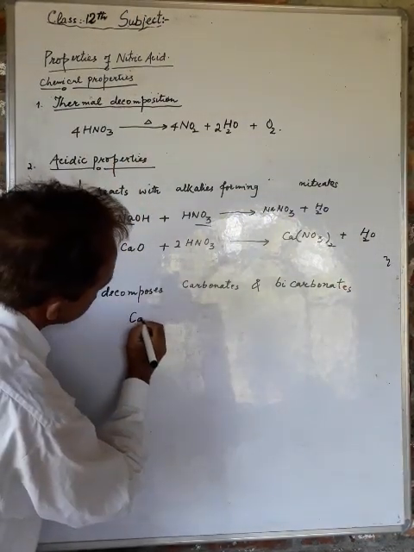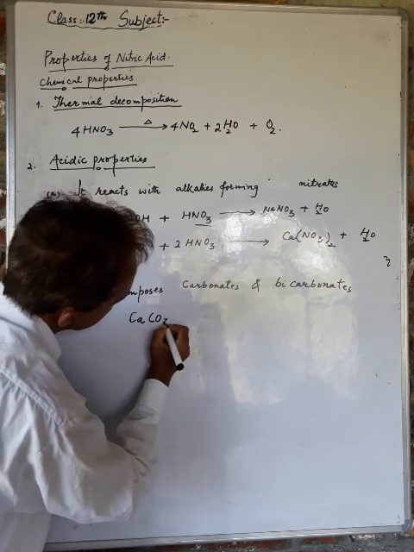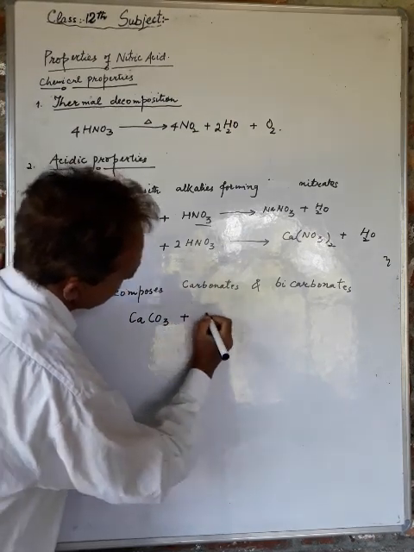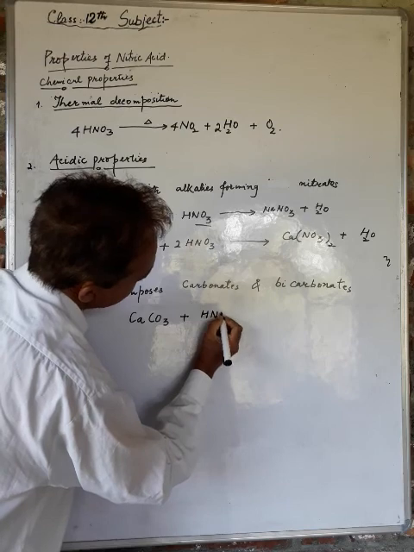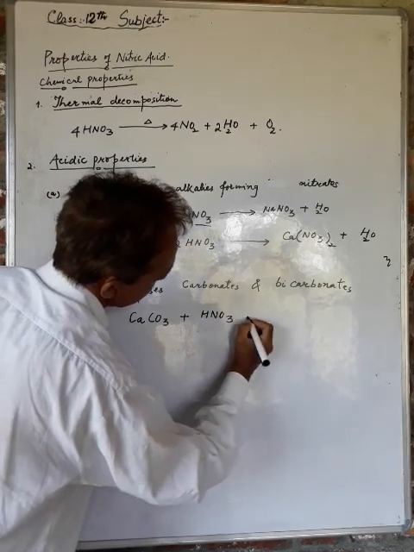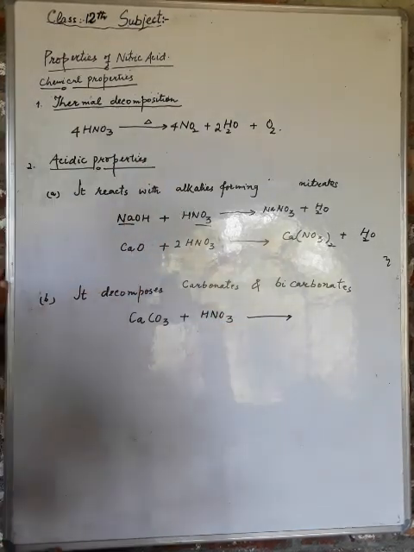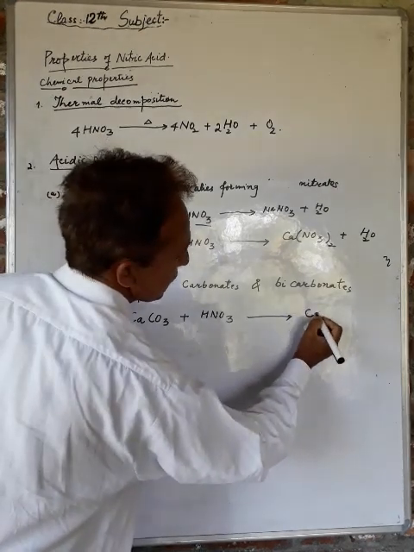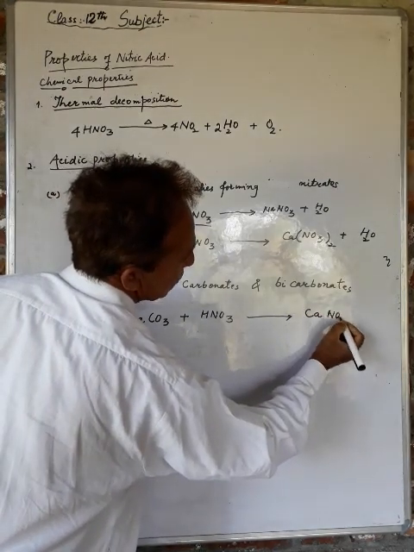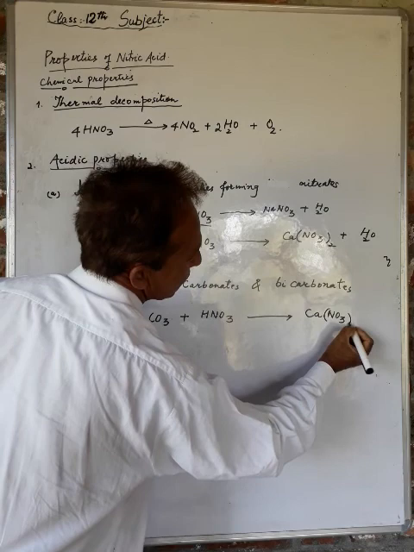For example, calcium carbonate plus HNO3, nitric acid, forms Ca(NO3) whole twice.